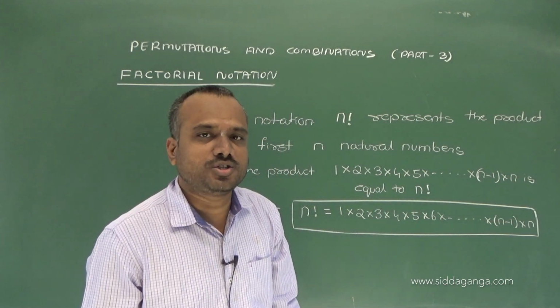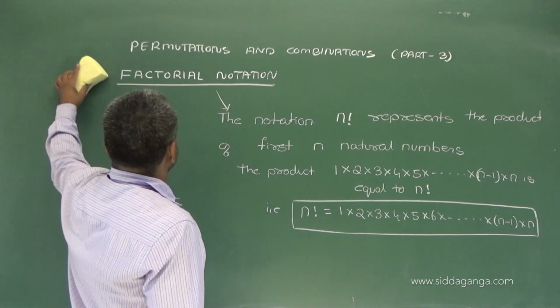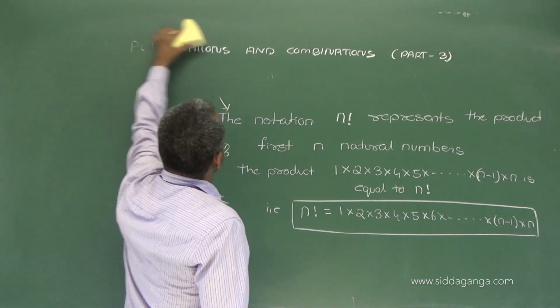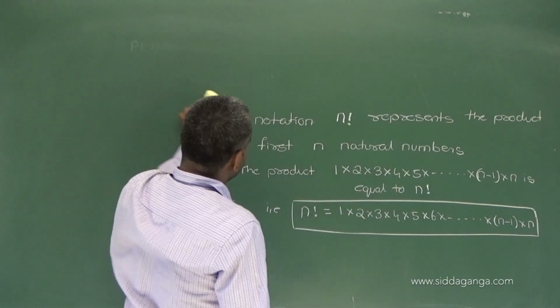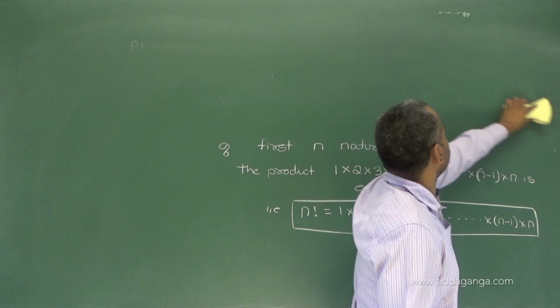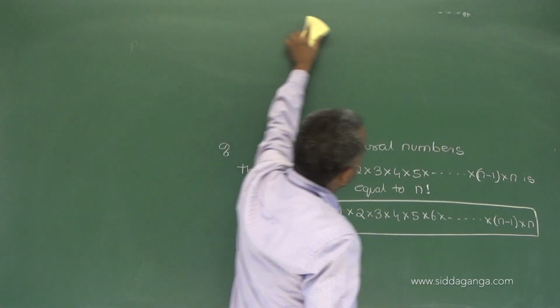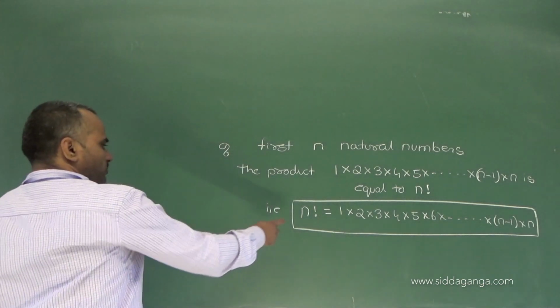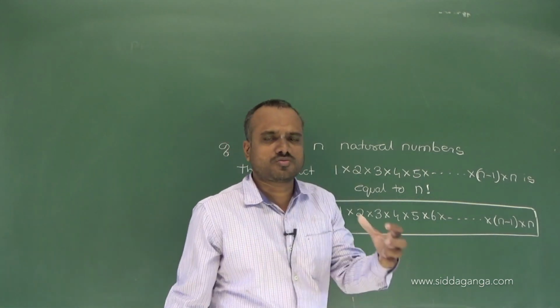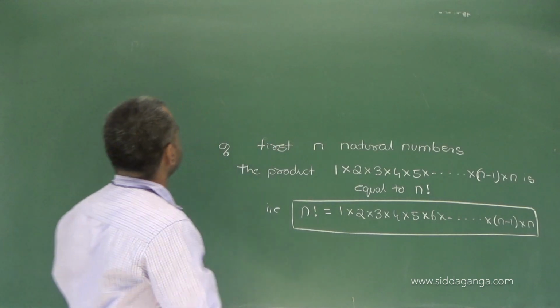N minus 1 into n. We will explain in detail, one by one, then only you will understand clearly. So N factorial means the product of the first n natural numbers.